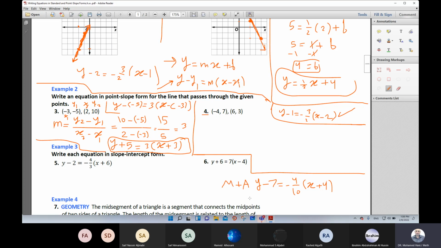Yes. For me, y minus 7 equal 4 over 10 and brackets x plus 4.